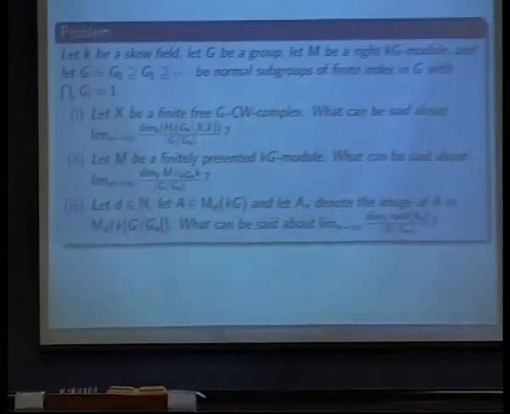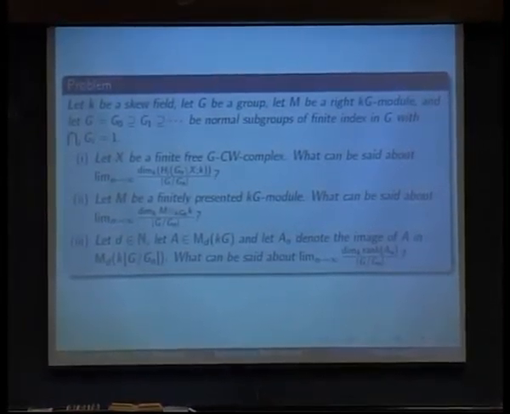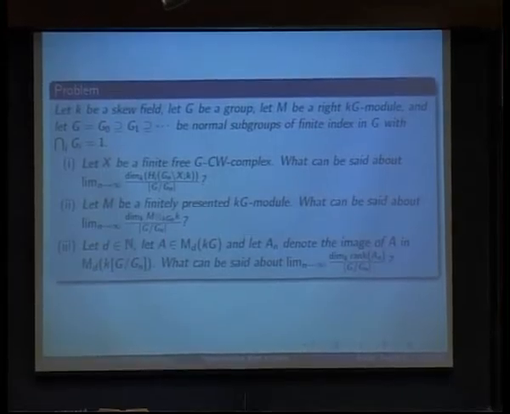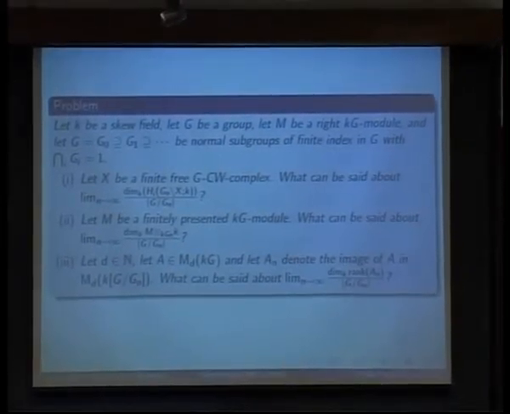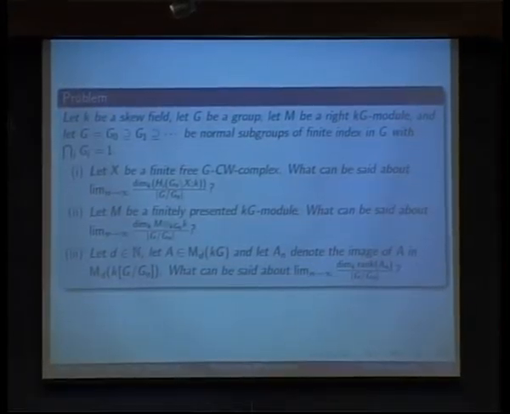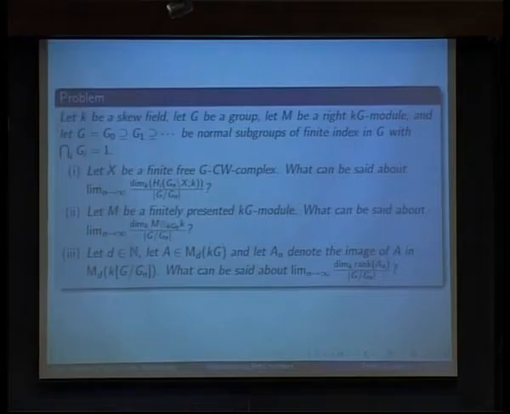So the problem could be described as follows. Let K be a skew field, let G be a group, let M be a right KG module, and suppose we have a descending sequence of normal subgroups G_n of finite index in G intersecting in the identity. In other words, G is residually finite.